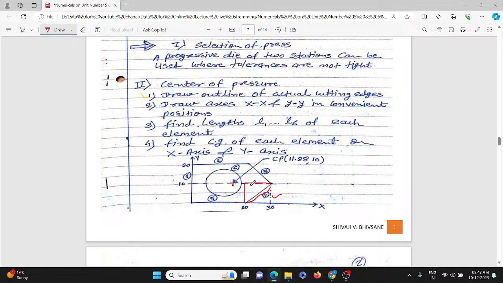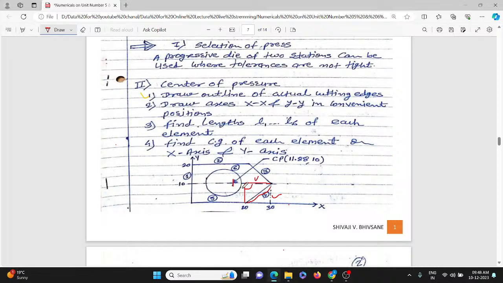So what is this? This one is nothing but a right angle triangle. Very simple. When it is a right angle triangle, we can calculate the slanting length of element number 4 by using the Pythagoras theorem. That is, hypotenuse square equals base square plus height square.